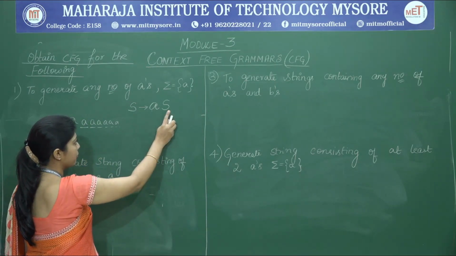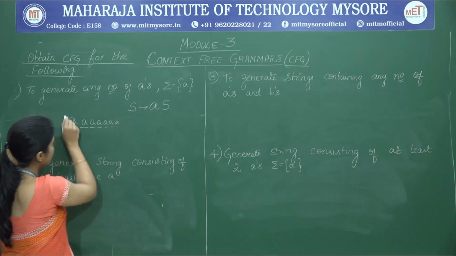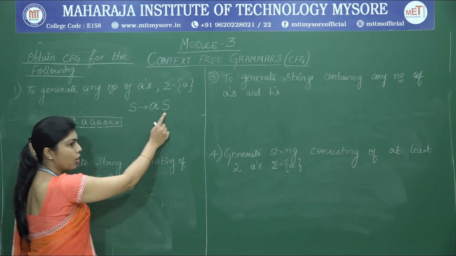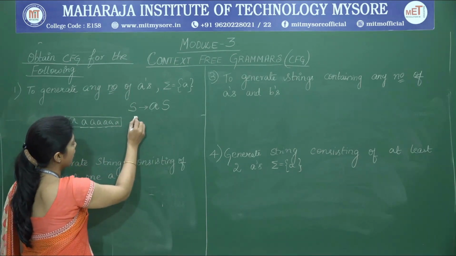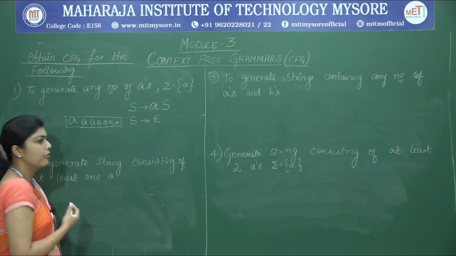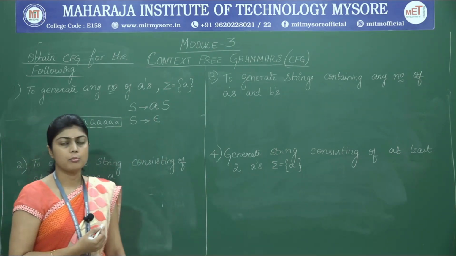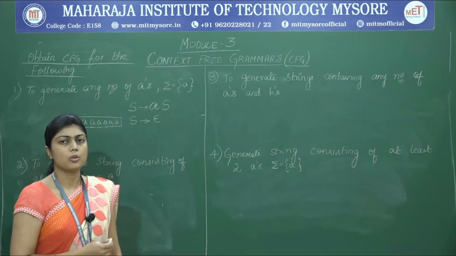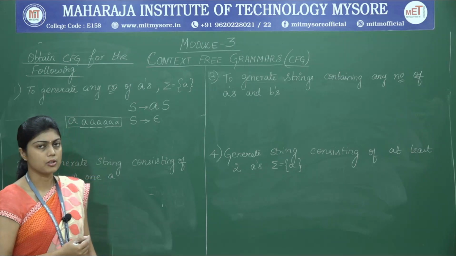And at some point of time we have to obtain only the string of terminals, and the non-terminal should not be present. So therefore I am also going to add S goes to epsilon. So when we get the desired number of A's, we should be able to substitute this epsilon for S so that we can stop the derivation.